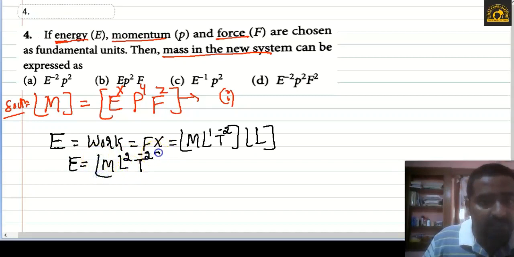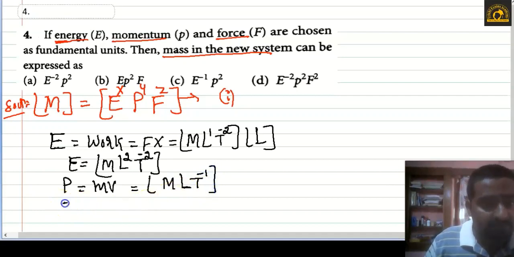So this is the dimensional formula for energy. Then P is equal to the product of mass into velocity, that is m, velocity is meter per second, L T minus 1. Then force is equal to mass into acceleration, so that is m L T minus 2.